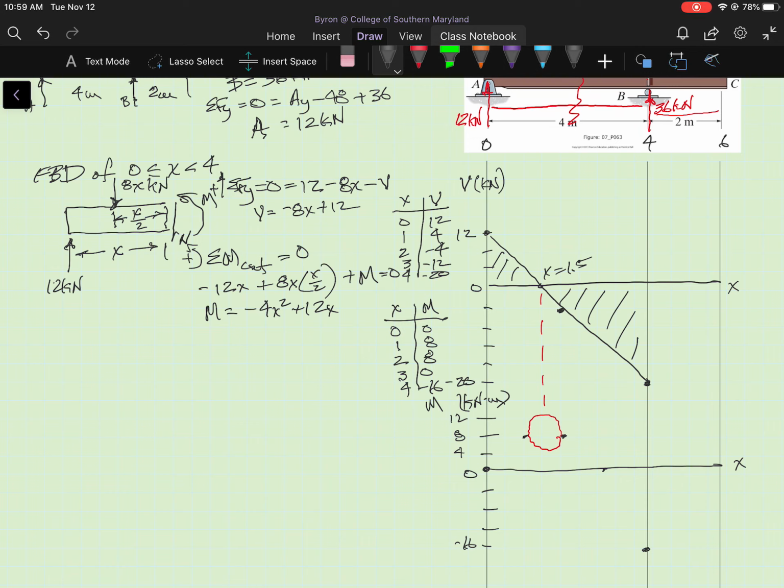Then we can plug the 1.5 into the equation for the moment. I didn't have it pre-done, so I'll do that.